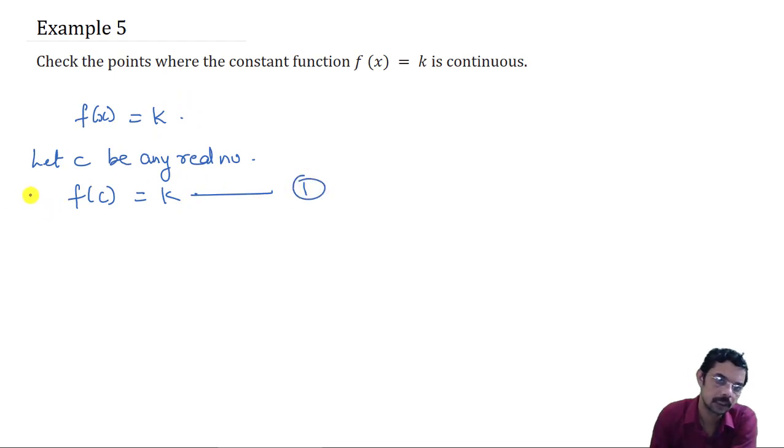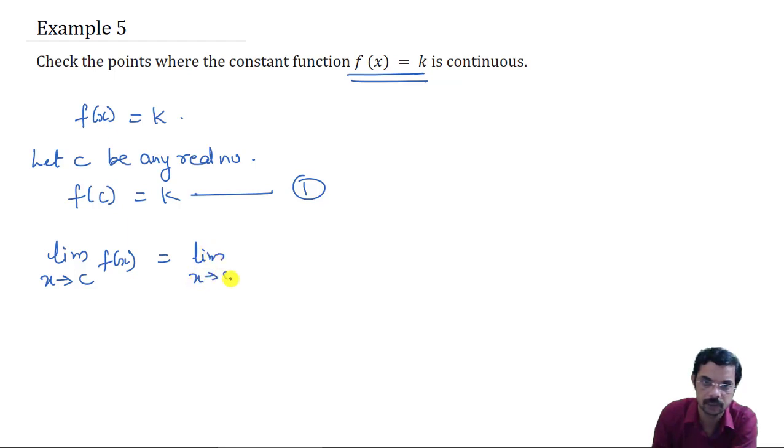Next part is the left hand limit as well as the right hand limit. The function is always defined in the same way. So to find the limit x tends to c f of x, see, f of x is always defined as k, and here it is independent of c. Therefore again this is k.